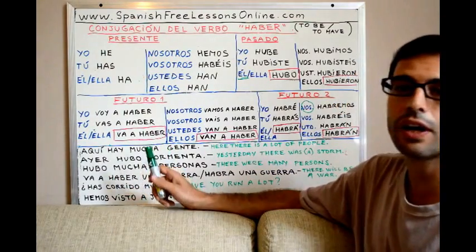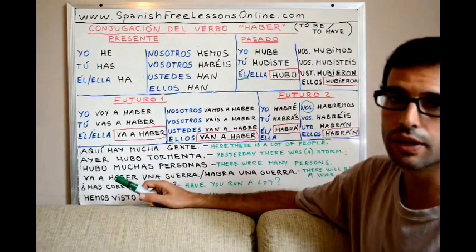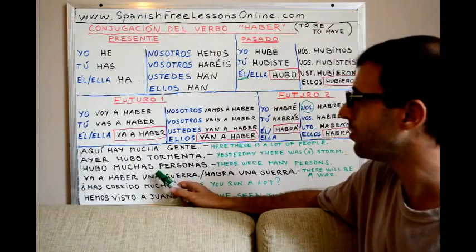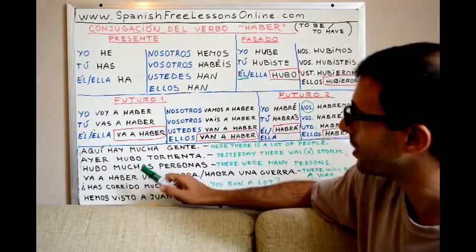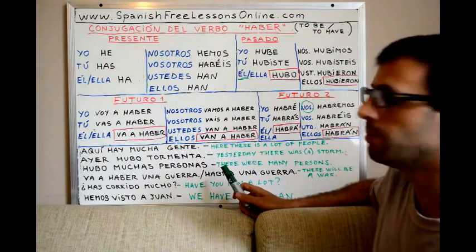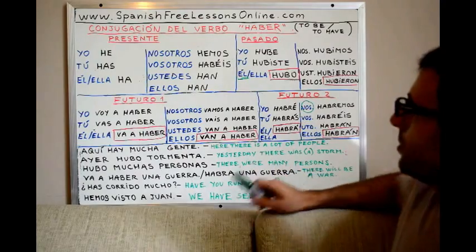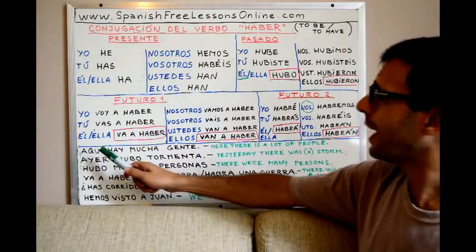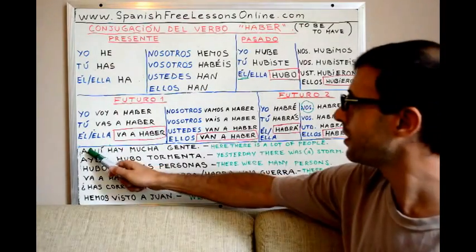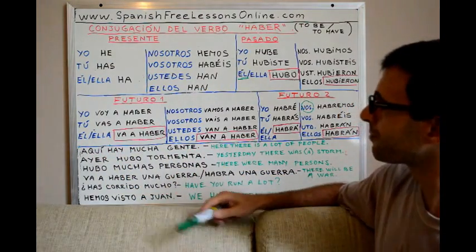So gente is uncountable in Spanish, so it would be mucha. Unlike personas, for persons, which is countable, then we would say muchas, as you can see here, okay? However, since we cannot say in English there is plenty people, I have translated it as there is a lot of people. So, aquí hay mucha gente. Here, there is a lot of people, okay?